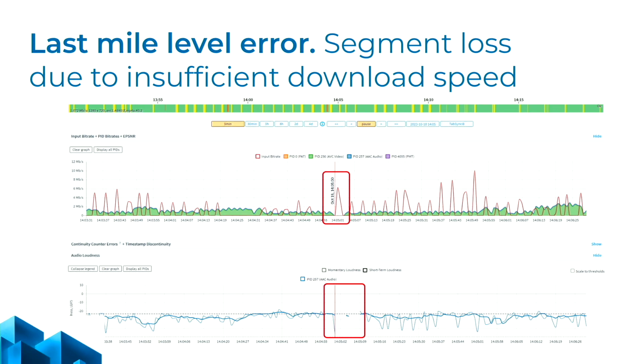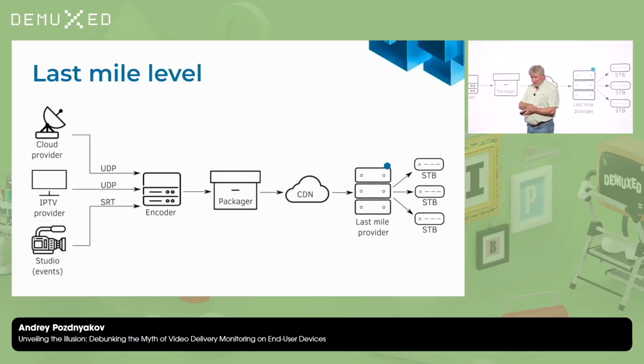Because it's actually a very frequent problem, especially if you change format on the encoder side. If you change something on the encoder, especially if you switch from AVC to HEVC, you will encounter numerous problems on the set-top box level.